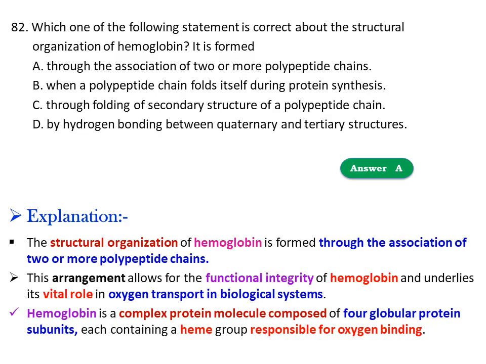This arrangement allows for functional integrity of the hemoglobin and underlies its vital role in oxygen transport in biological systems. Hemoglobin is a complex protein molecule composed of four globular protein subunits, each containing a heme group responsible for oxygen binding.